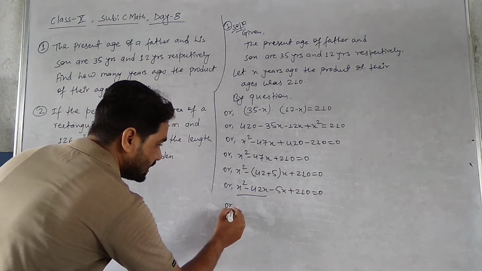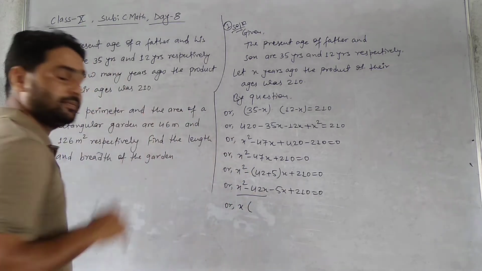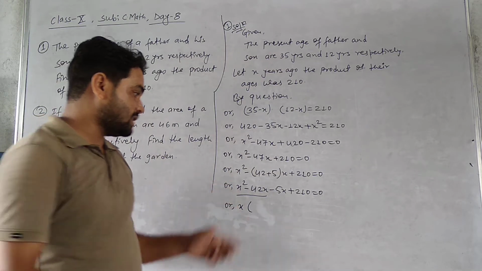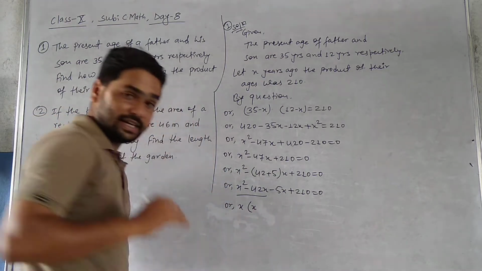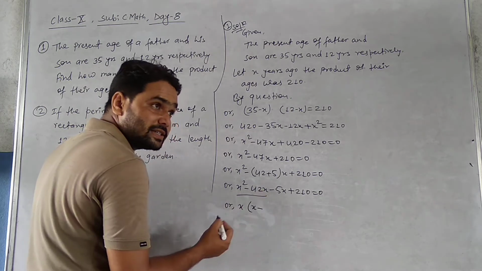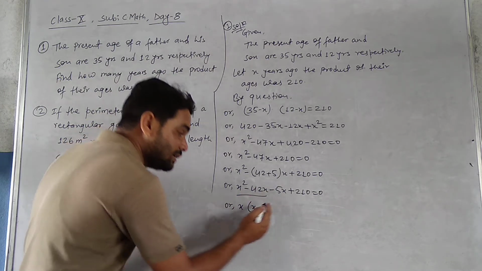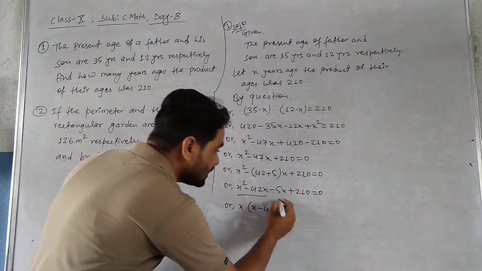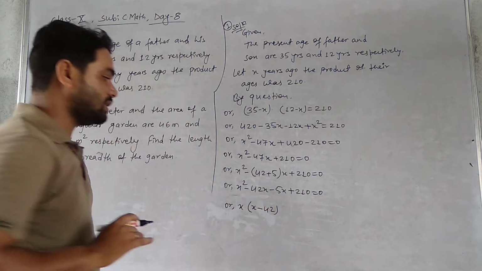What is there at first? The x is there, so x is common. When we take out x from x square we get x, and minus 42 into x, when we take out x common, remaining 42.